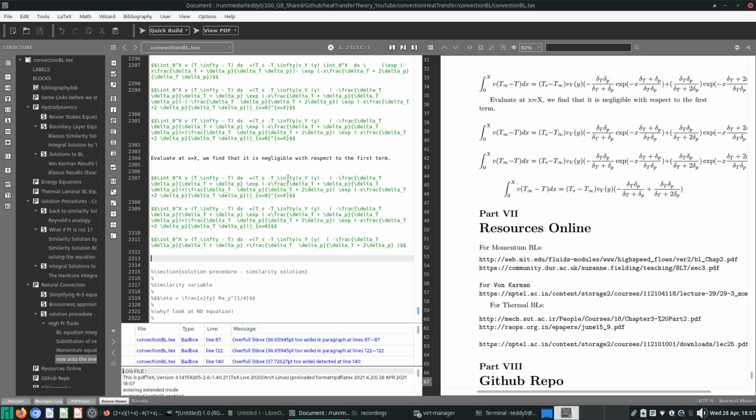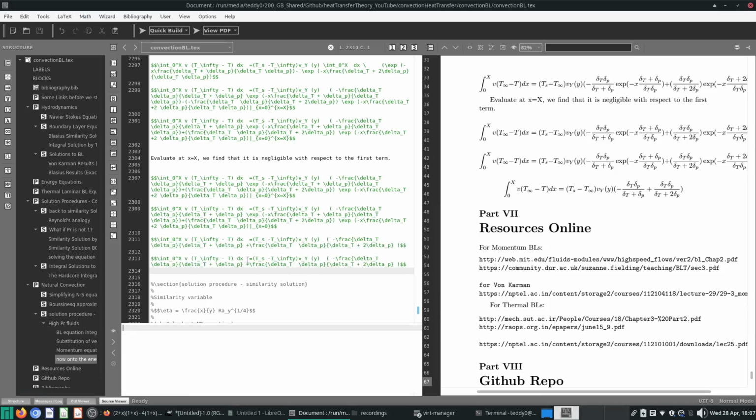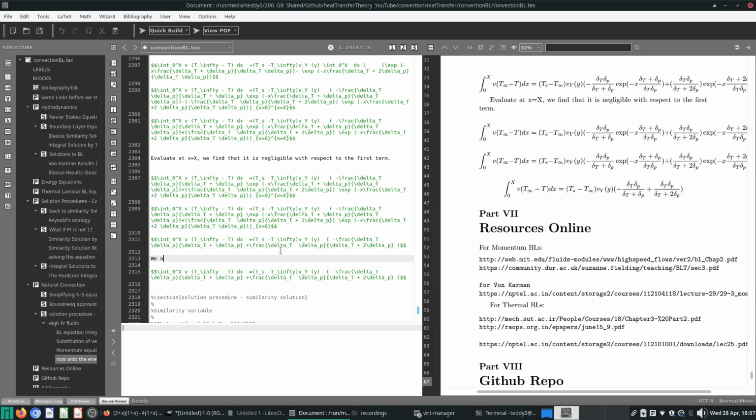Okay, we're almost at the end of the tunnel pretty soon. Okay, now we'll just combine the fractions, and even before combining, we are going to reintroduce q, where q is equal to delta p over delta t.